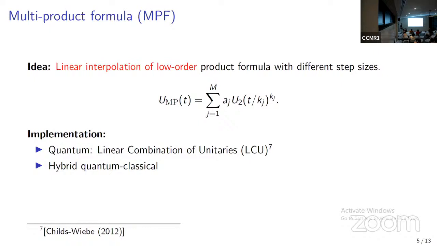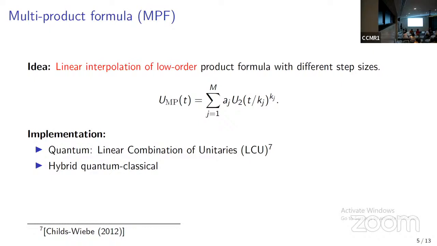and this entire linear combination is the so-called multi-product formula. So why does this formula work, or why do we really expect this formula to combine all the best properties? It's really because, first, for the commutator scaling, the entire formula is based on the product formula, and for the product formula we know the commutator scaling. So of course, we would expect the entire formula to also have some kind of commutator scaling.